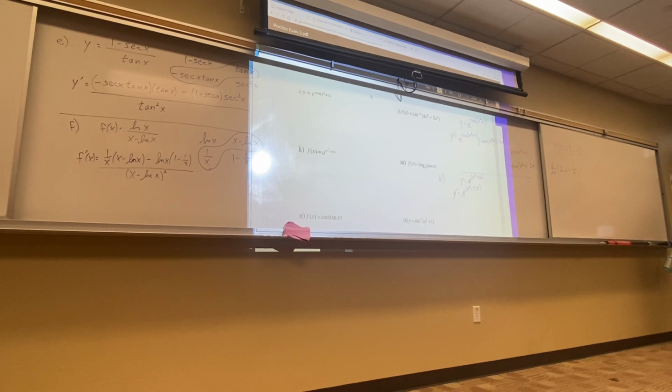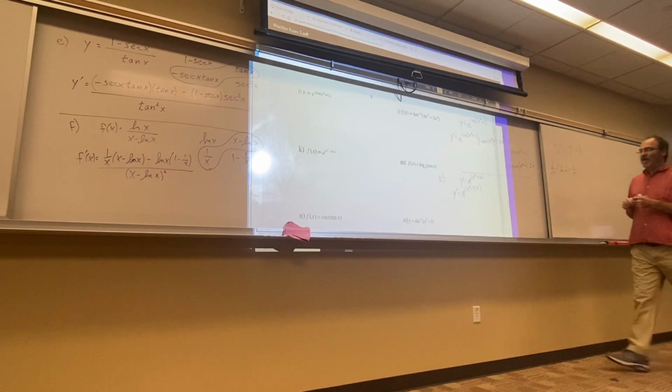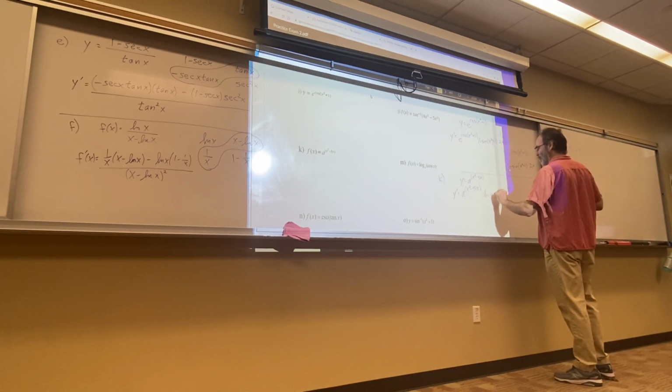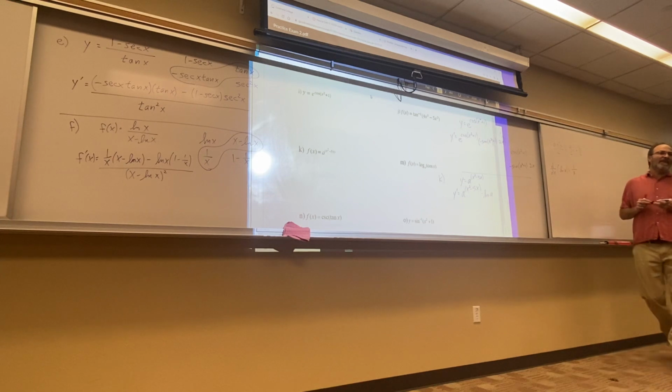We want it to be base e, but this is not base e. So how do we deal with that? Times natural log of a. Okay, so that deals with the base being wrong.